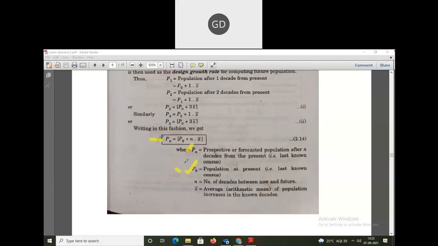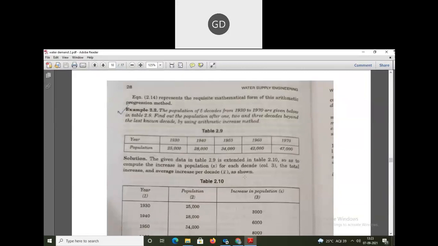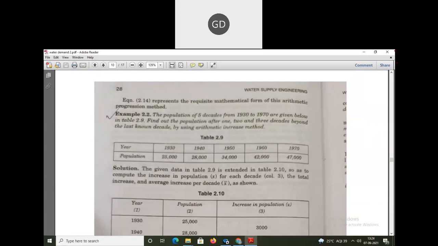To make the formula more clear, we have to go through one numerical for each population forecasting method. A very simple numerical we are going to discuss. The question is: the population of 5 decades from 1930 to 1970 is given below in table 2.9.